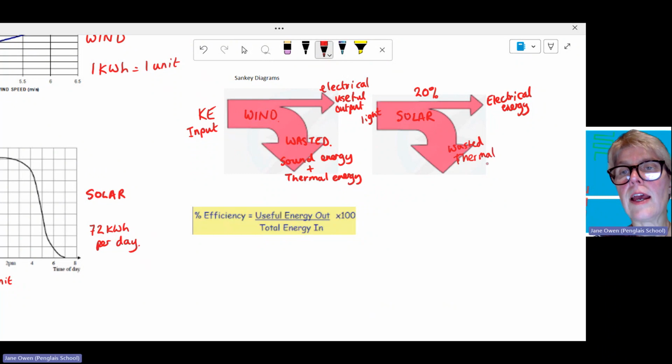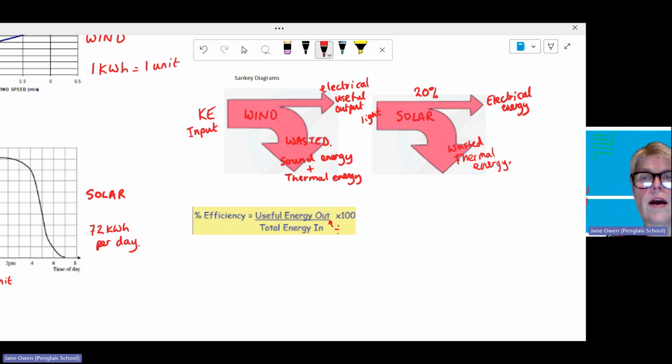And we tend to use this one equation that you might have come across before. The percentage efficiency is the useful energy out divided by the total energy in, and that's a divide sign, then times by 100.